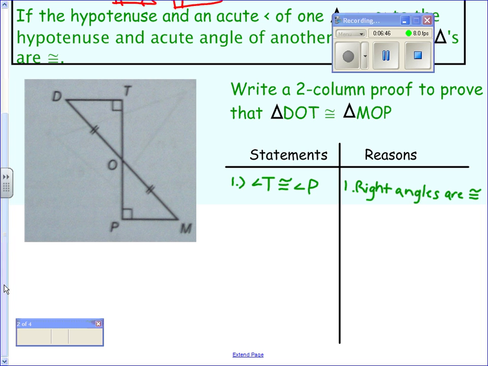Okay. What is given? They're both right triangles. Yes, T is congruent to T, but that's not what I would start with.